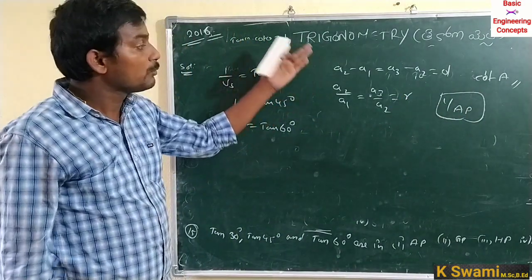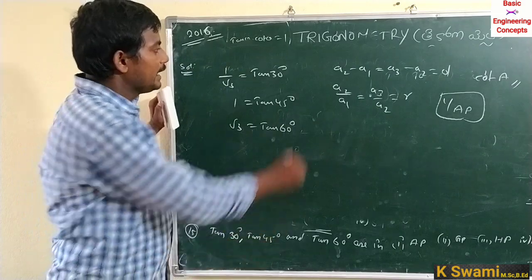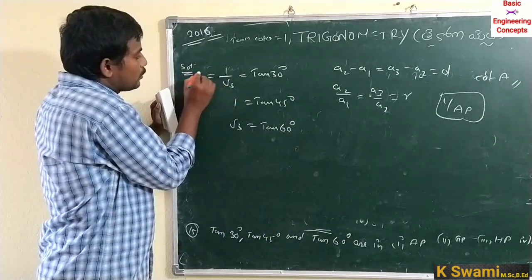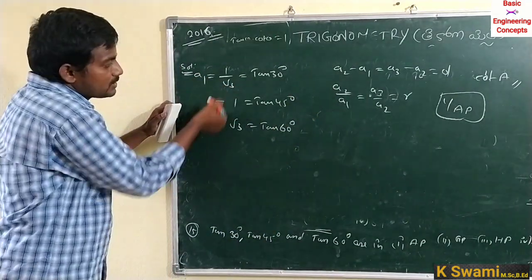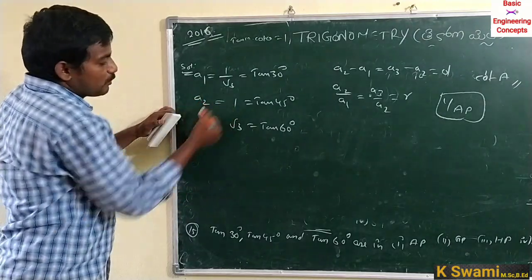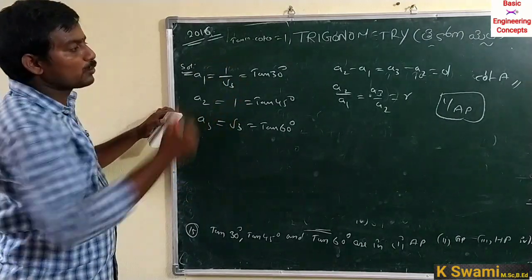So check first AP and GP. Let A1 is equal to 1/√3, A2 is equal to 1, and A3 is equal to √3.